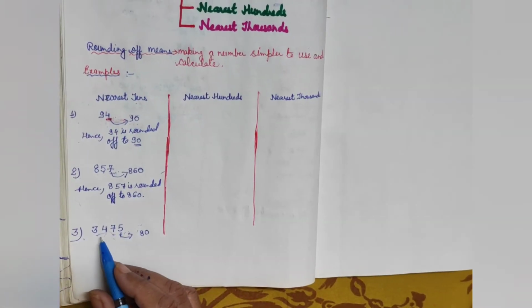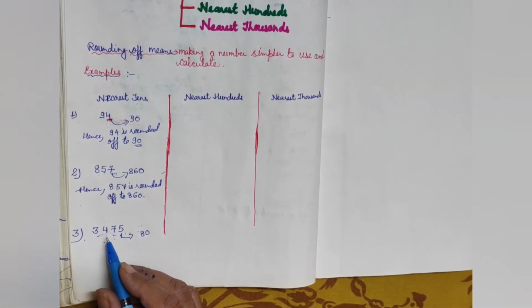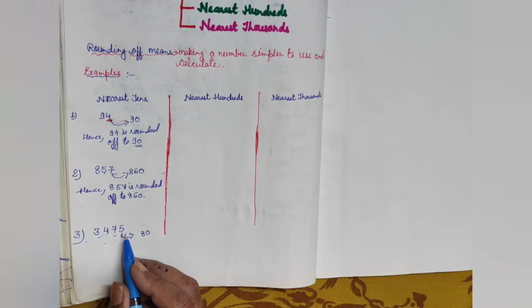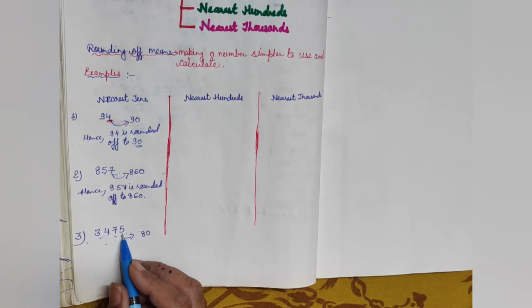In example 3: 3475. If the digit at the ones place is equal to or more than 5, replace the ones digit by 0 and increase the tens digit by 1.